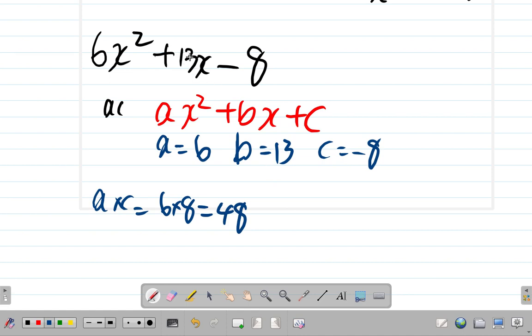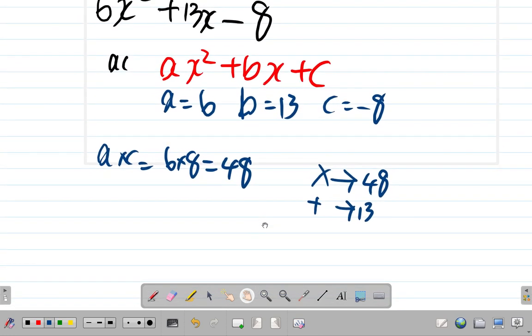When you split 13 into two numbers, they must multiply and give 48, and they must add and give 13. So, which two numbers are that? We're going first to find out which two numbers multiply and give 48.